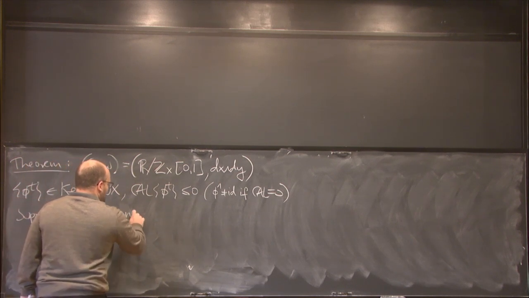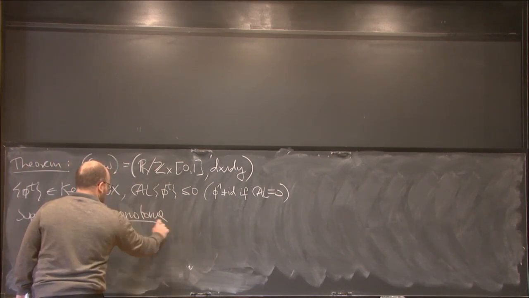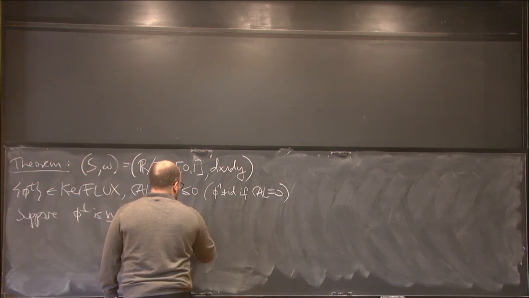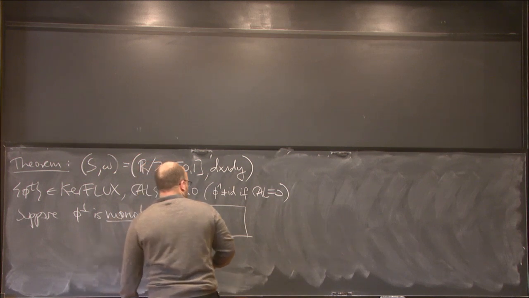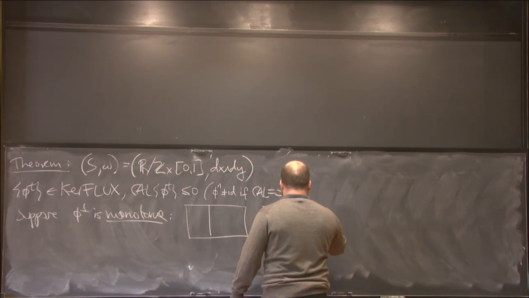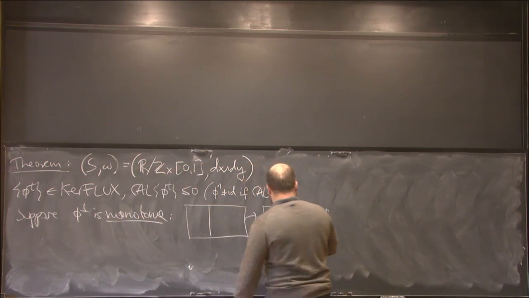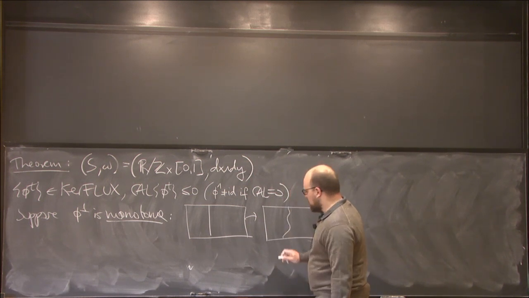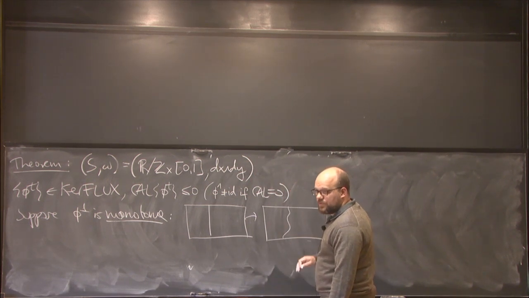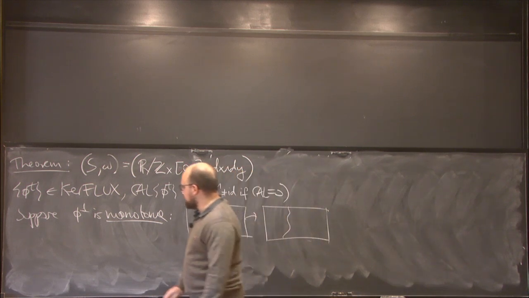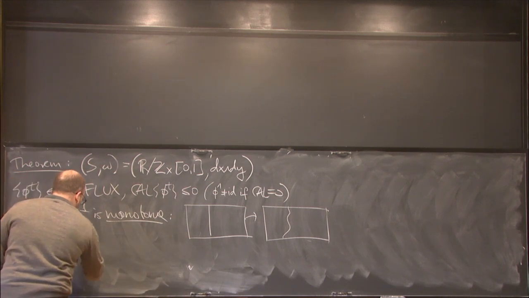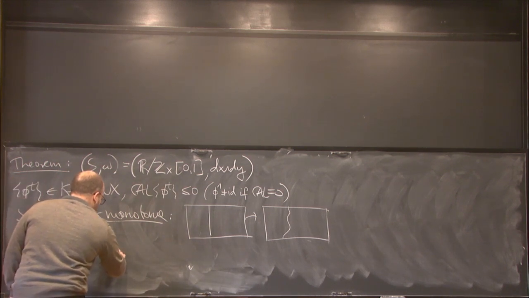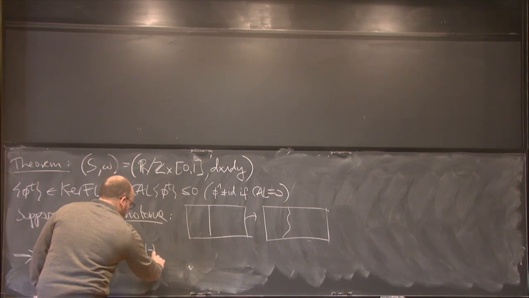Suppose that the time one map is monotone. Monotone in the sense that it maps, so let's say here's the annulus, it maps a straight line to something that goes up. Sorry, it's transverse to the horizontal foliation. So if you have this technical assumption, then it's true. Then there exists a fixed point P, null homologous, with action negative.